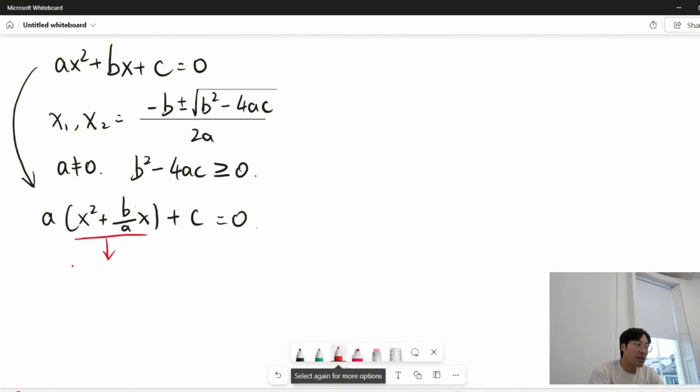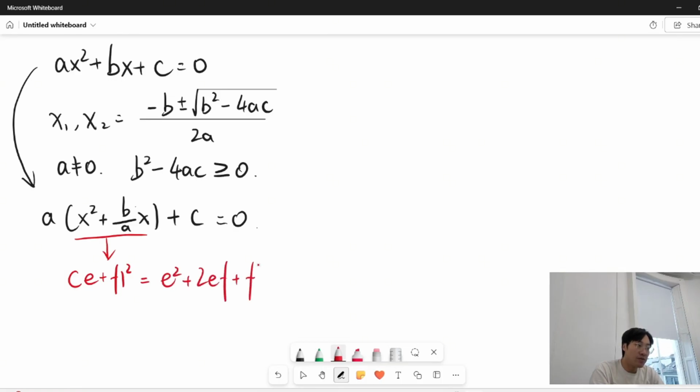For example, if we have e plus f squared, it is e squared plus 2ef plus f squared. Now in here, apparently we have e squared as our x squared. And we have a potential 2ef, which is b over a times x.